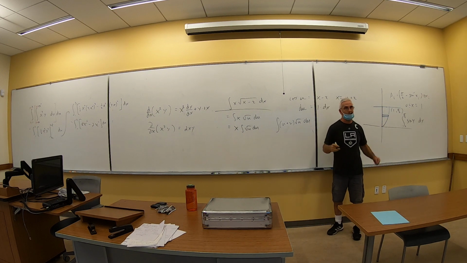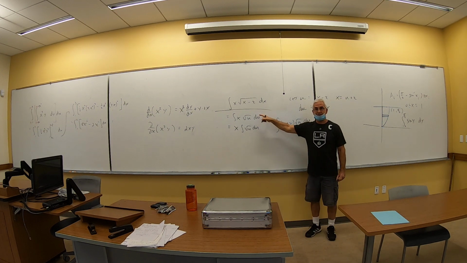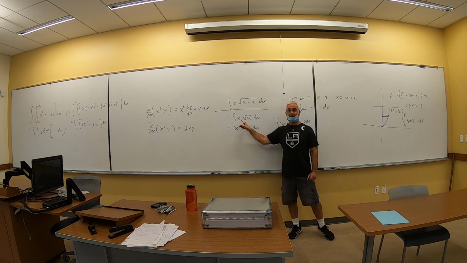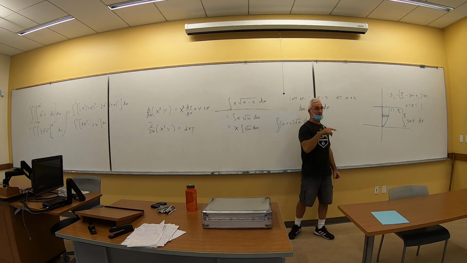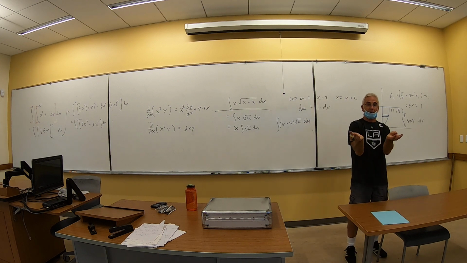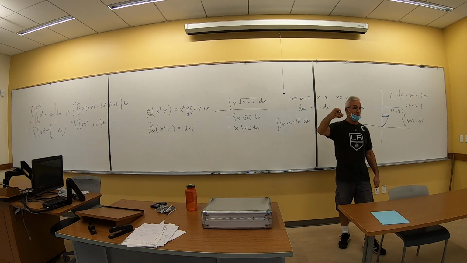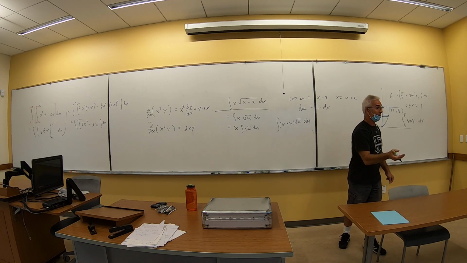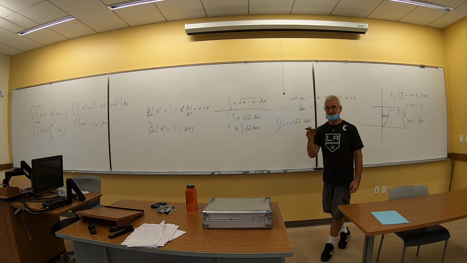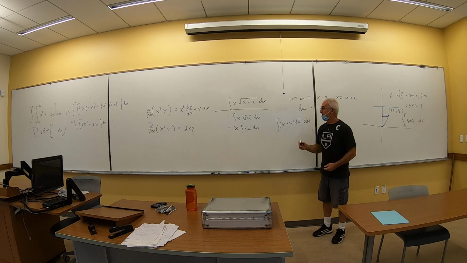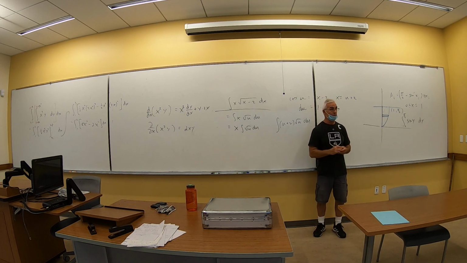Distribute, integrate. But people get in trouble with things like this because the moment you write this, it's impossible. You cannot have the independent and the dependent at the same time because you now have an integral with two variables in it. And an integral with two variables in it is now a Calc 3 integration, like a partial derivative. Oh, so we sometimes get in trouble. I don't want you to ever get in trouble because there's nothing wrong with an integral with two variables.